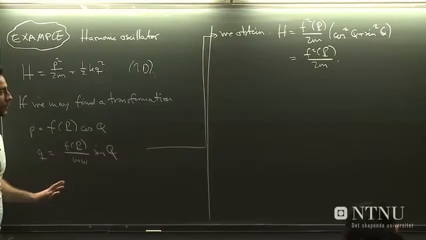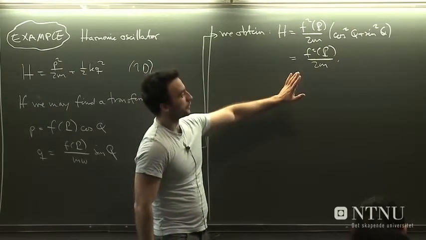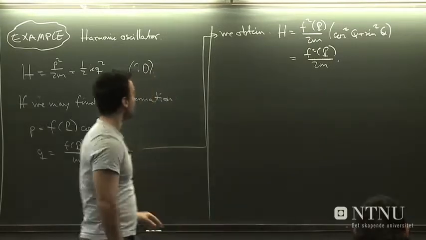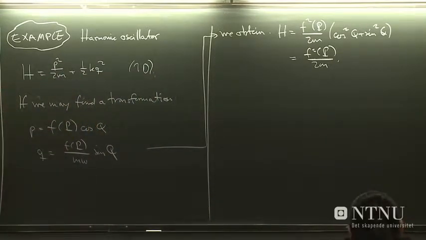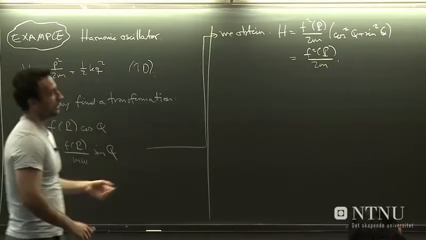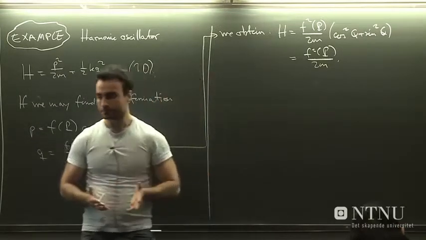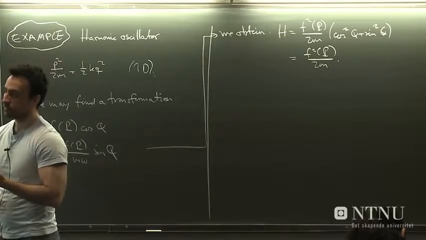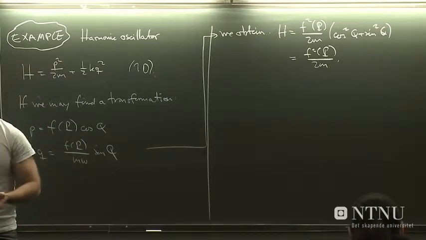So why is this good? Well, do you see an advantage of this Hamiltonian compared to what we started with? Is there any qualitative difference between them? Mm-hmm. So this one depends on small p and small q, whereas this one depends on large P. So what does that mean for the coordinate large Q?